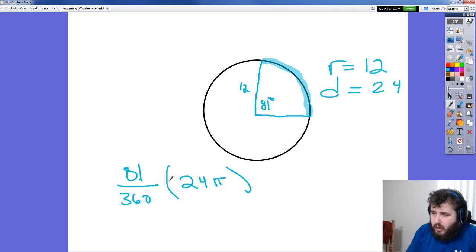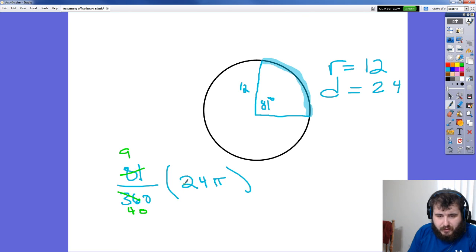So now all we want to do is simplify the fraction, which, to me, I think is probably the hardest part. Because 81 and 360, I know there's a 9 on top and on bottom. I'm going to divide by 9 on top, divide by 9 on bottom, and then I can work with this.